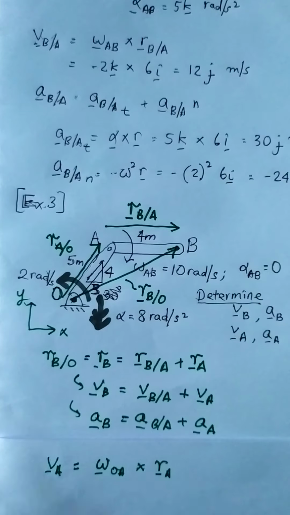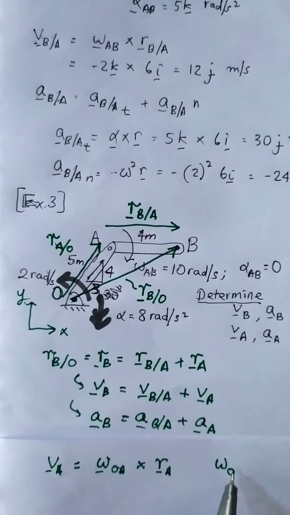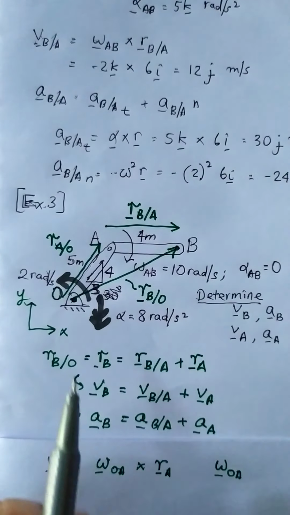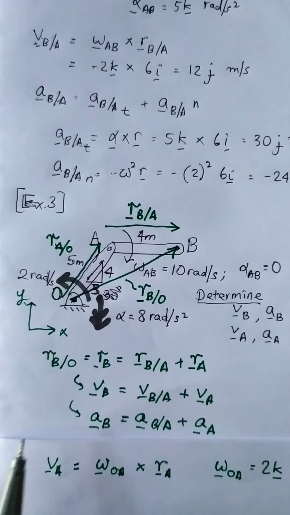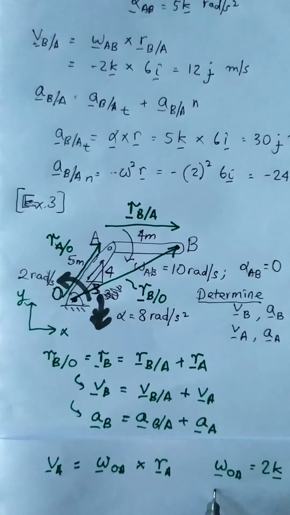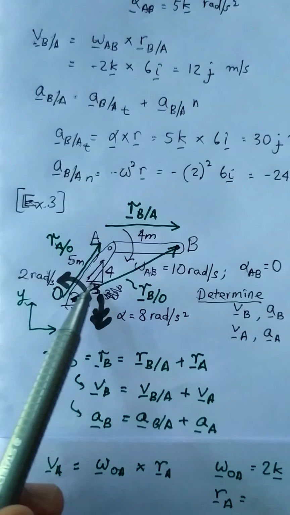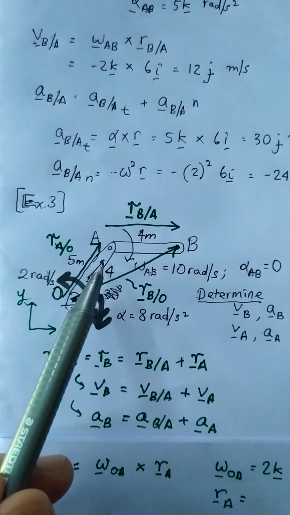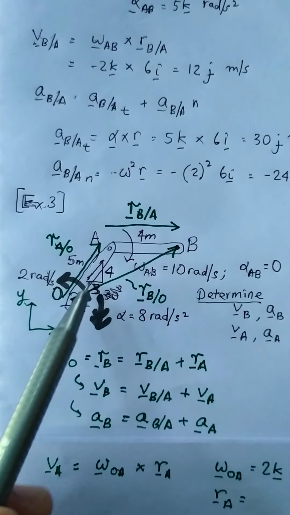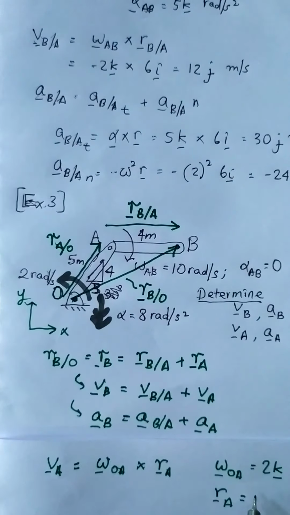From our XY, omega OA is counterclockwise, so it will be 2k radian per second. Because of space, I don't write the units there. And then we know that position vector A is 3 units to the right and 4 units to the top, so 3i plus 4j. I'm using the 3, 4, 5 here.